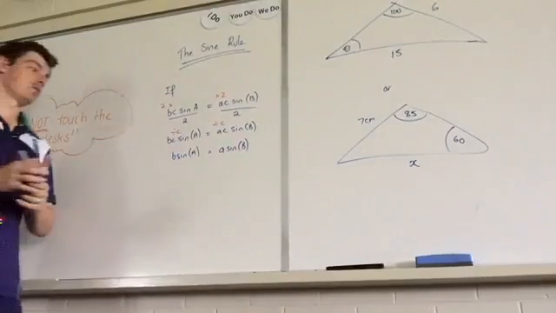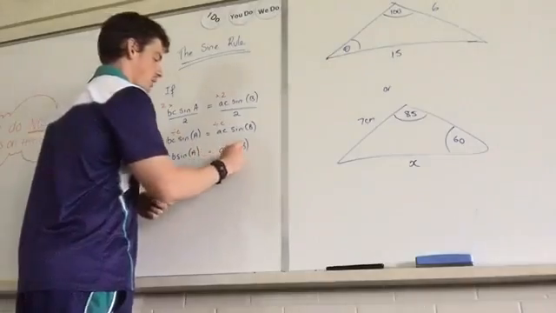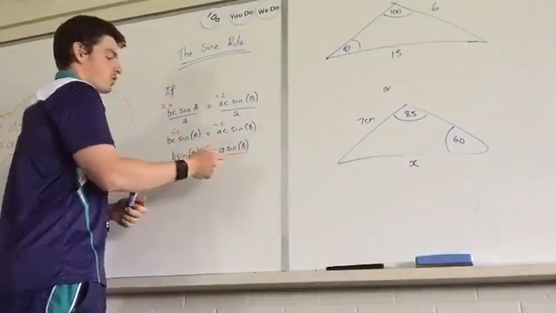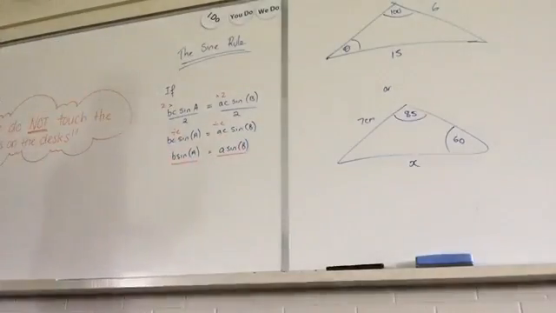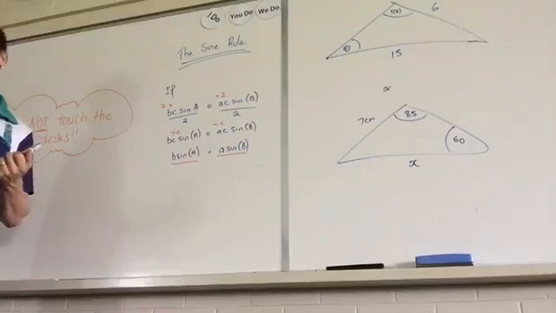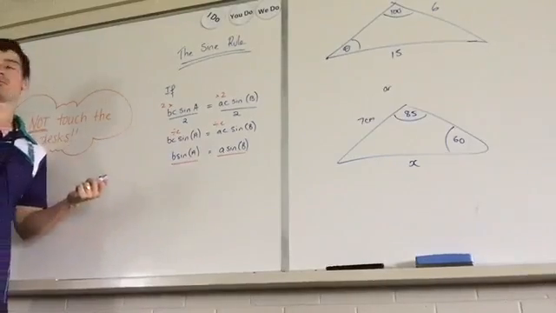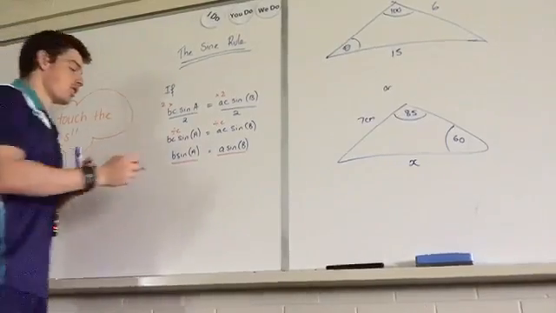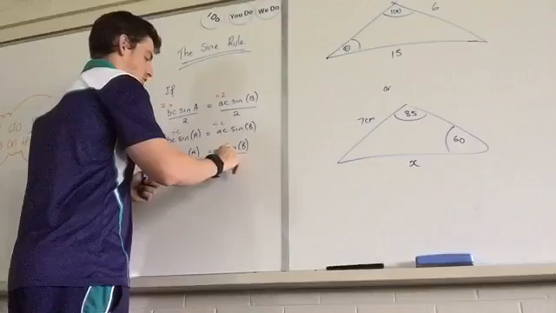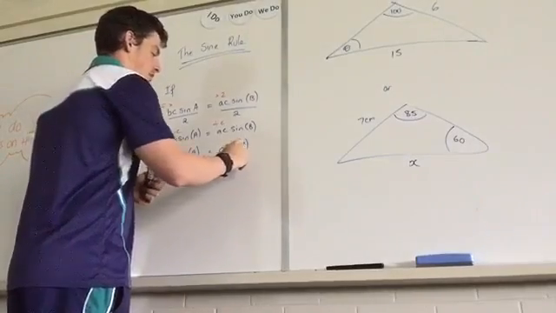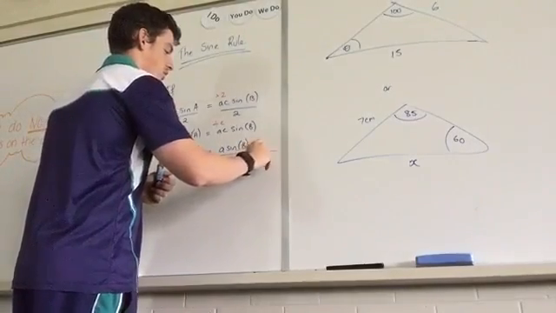Now what I can do is divide both sides by, do you want the sines at the bottom or on the top? Why don't I show you both ways? I'm going to divide this side by sine A and this side by sine A, and I'm going to divide them both by sine B.